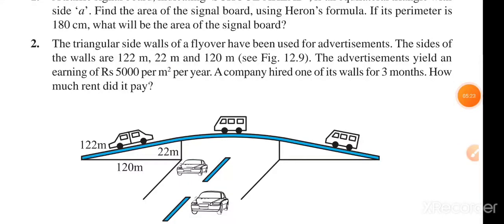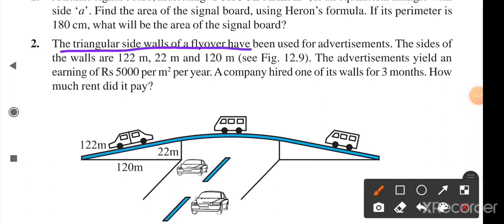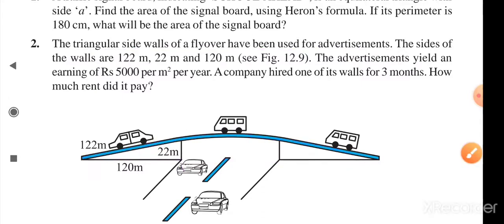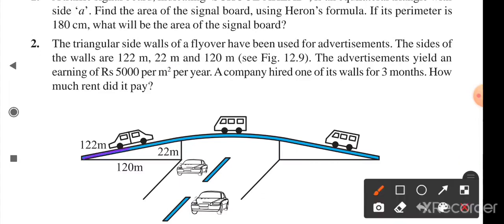You can see that a triangular side wall of the flyover has been used for advertisement. That means it is a triangular shape which we are using for the advertisement, and the sides of the wall are given. This one, the one-sided wall, we are using for the advertisement.